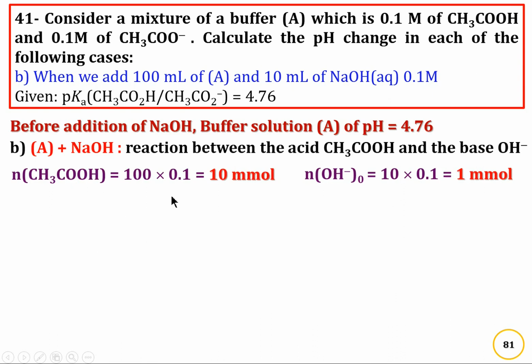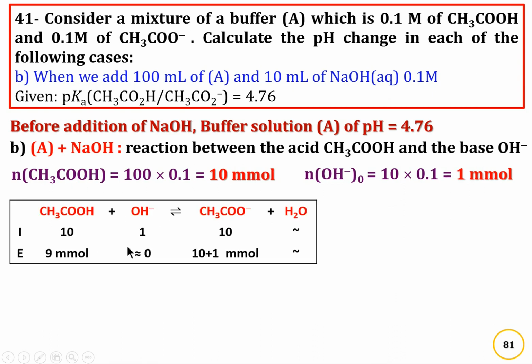We write the initial number of moles in the solution and the table of conversion, from the initial number of moles until t equals infinity. So we have 10 acetic acid, 1 OH minus, and we have initially 10 acetate. OH minus is limiting, so equal to epsilon, and we have 9 millimoles of acetic acid and 10 plus 1 millimoles of acetate.